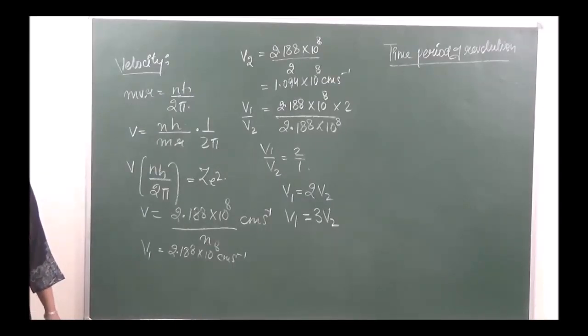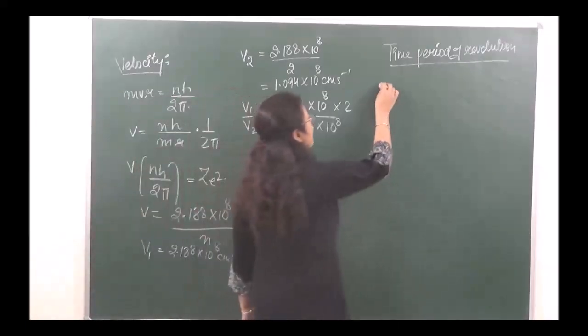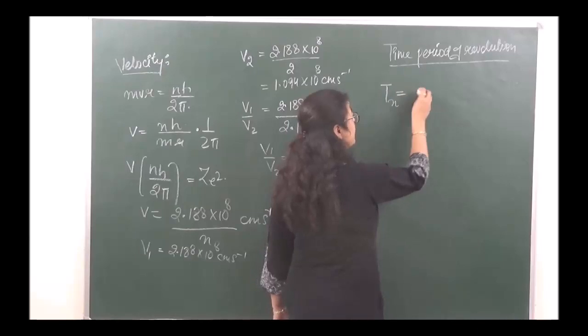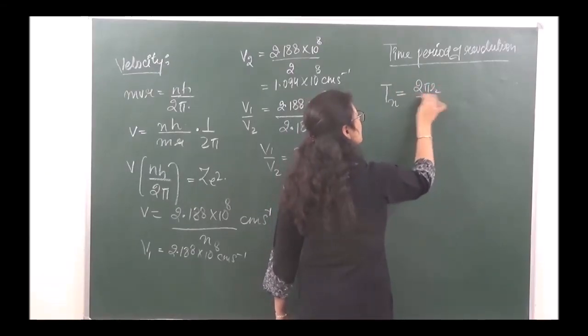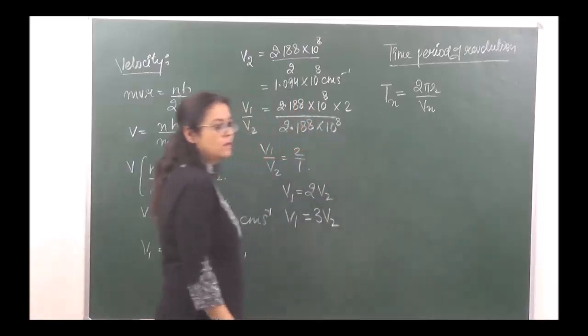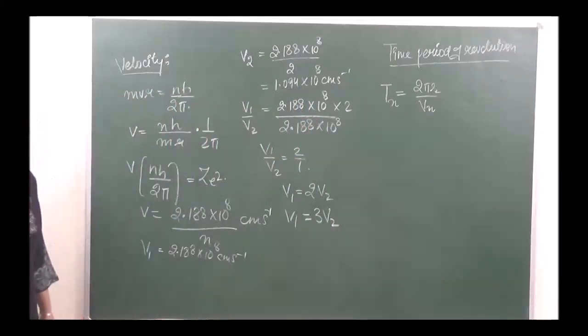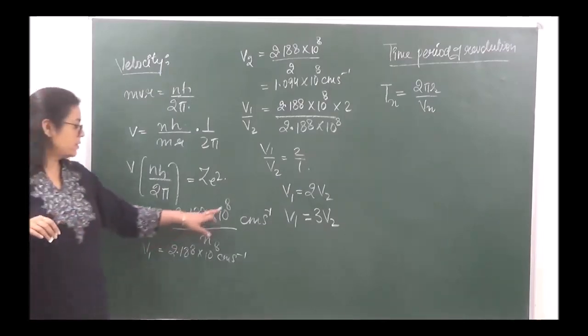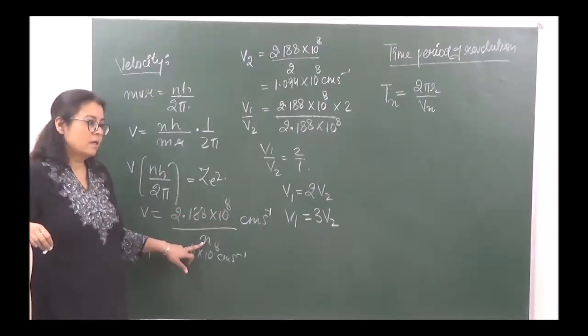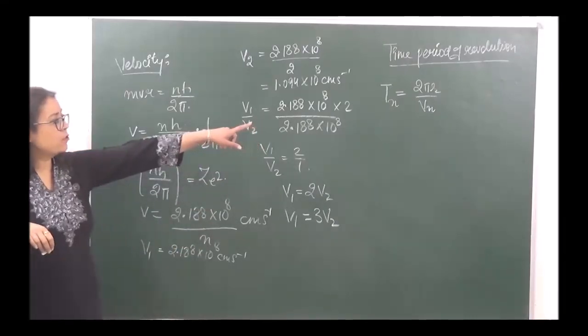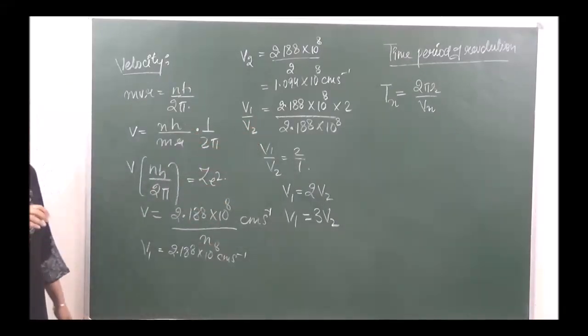When we are talking of time period of revolution, in this case the time period of the nth revolution is given by 2 pi r upon Vn, the velocity in the nth level. Okay, it is given by 2 pi r upon Vn. Vn we know how to calculate. The value of Vn is 2.188 into 10 raised to power 8 upon n. Right? So you can put the value of velocity there and calculate the time period of revolution of the electron in the nth orbit. Got it?